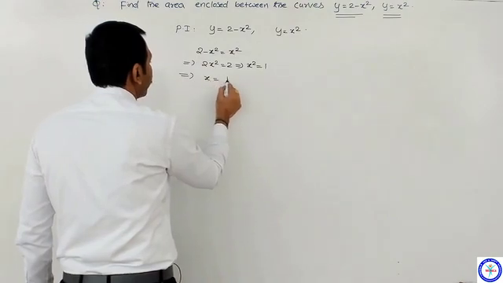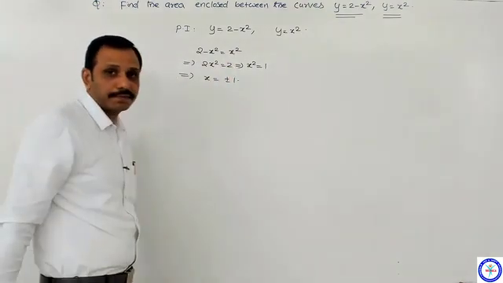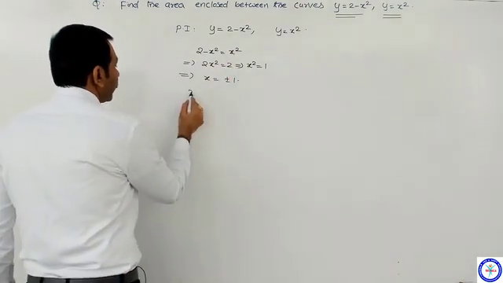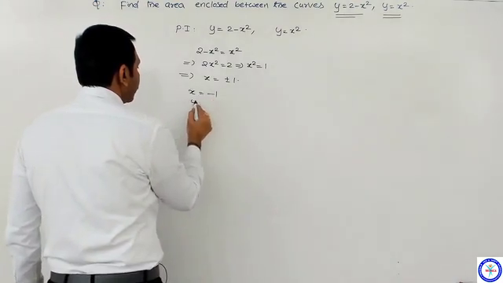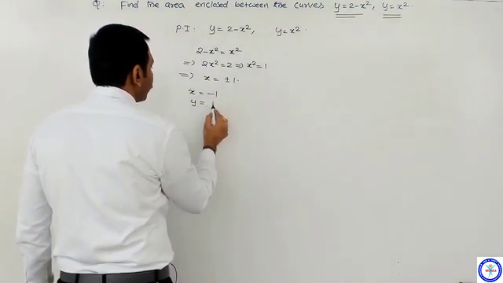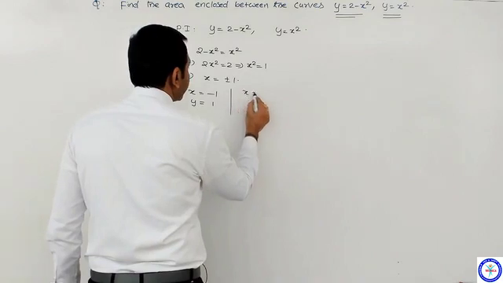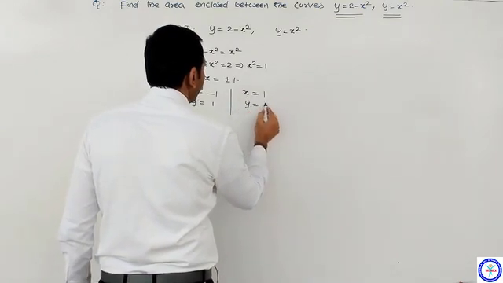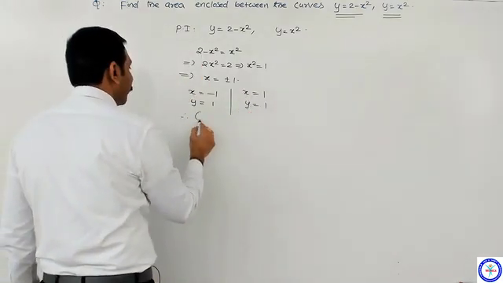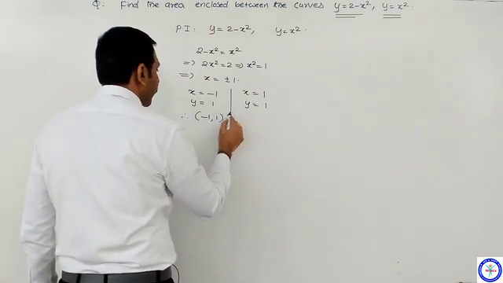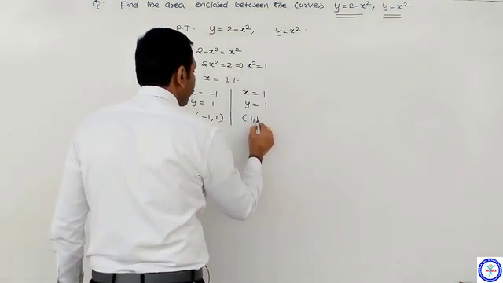Therefore, x equal to plus or minus 1. If x equal to minus 1, what is the value of y? 2 minus 1, 1. If x is equal to 1, what is the value of y? 1. Therefore, the points of intersection are minus 1 comma 1 and 1 comma 1.